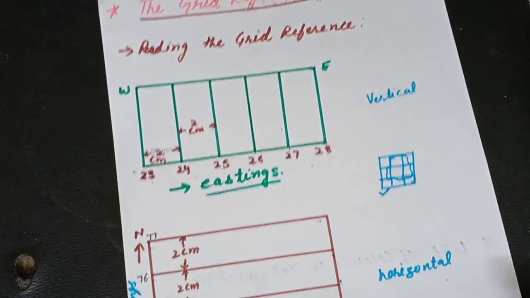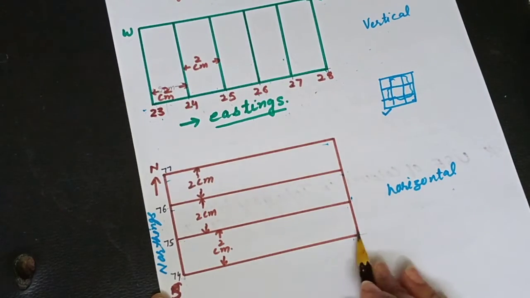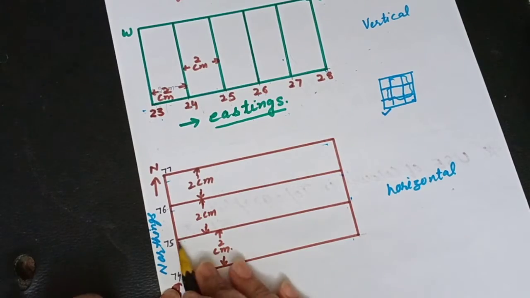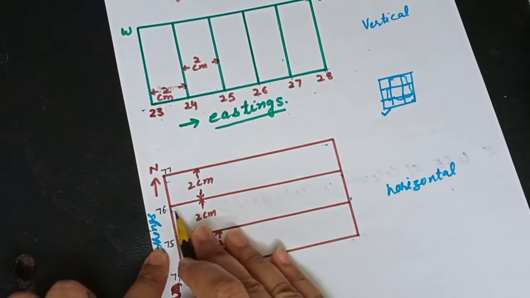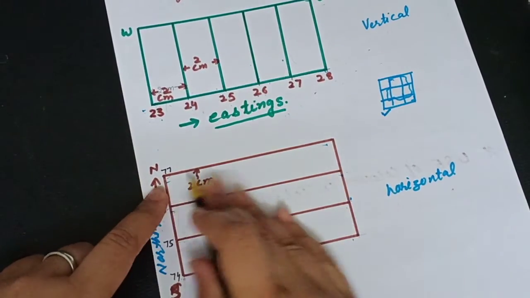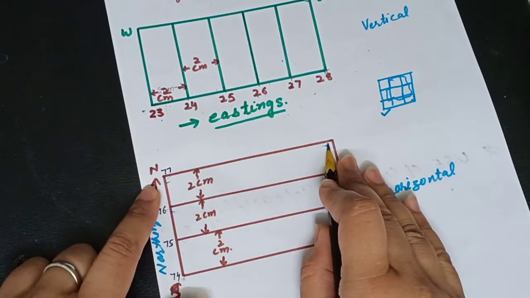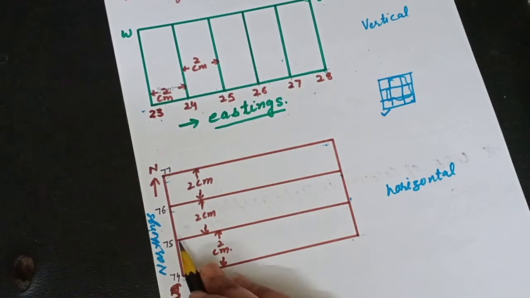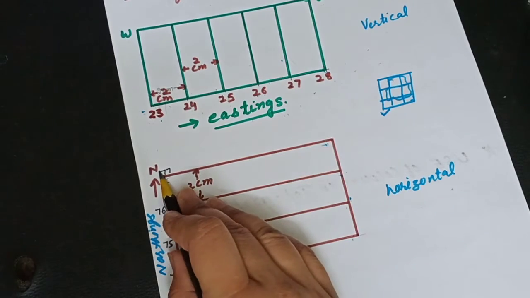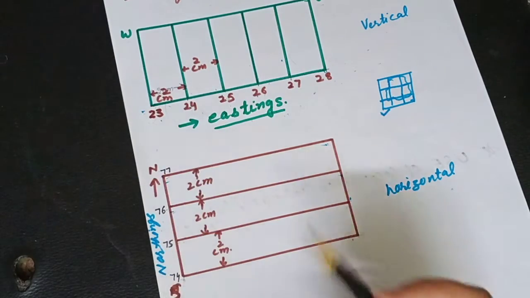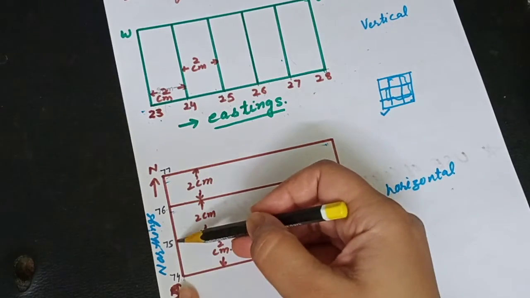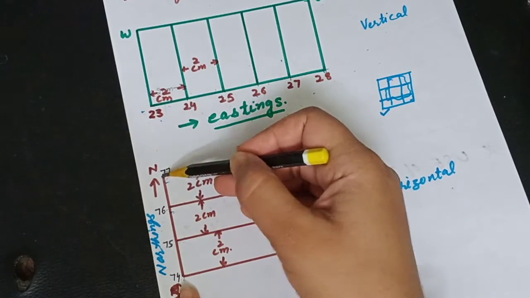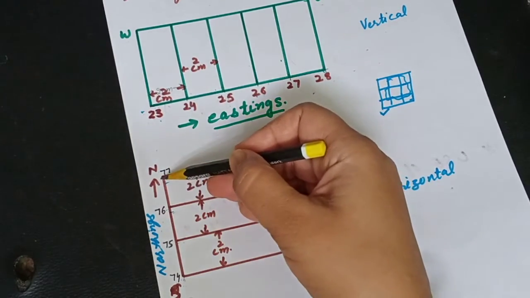Now the horizontal lines. This is 74, 75, 76, 77. So these are the horizontal lines and we are moving from south towards the northern side.